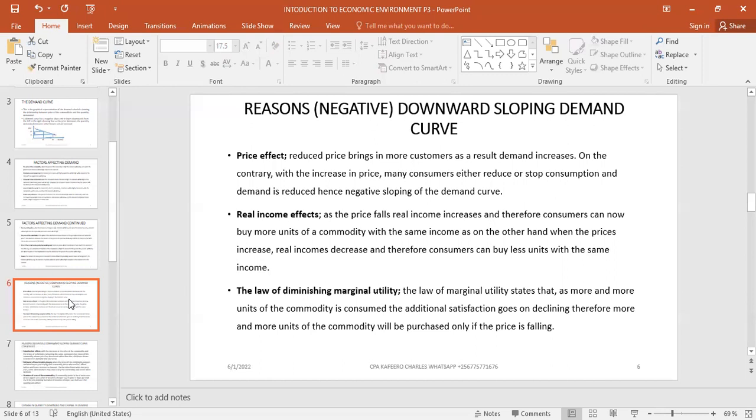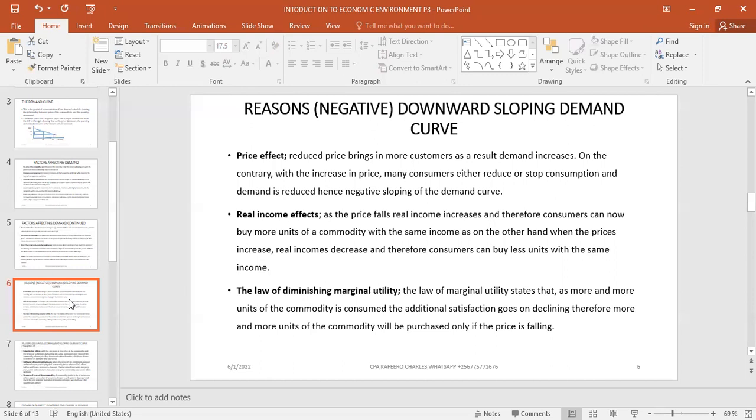The other units the person is getting, or the other consumption that is above that total utility, the person will not get satisfied anymore in the additional items the person is going to be consuming.